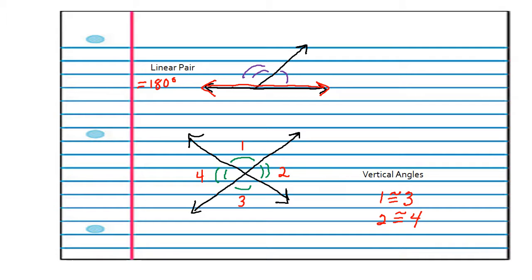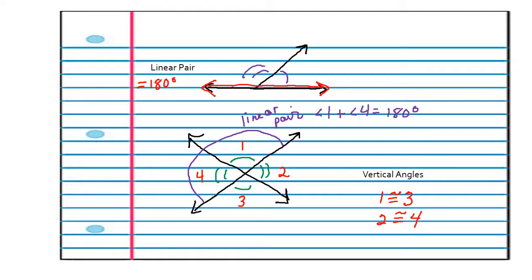Now what's interesting here is that actually we have angles that produce a linear pair, because a linear pair equals 180 degrees and also makes a straight line. So we have several linear pairs here. If we were to add angle 1 with angle 4, it would equal 180 degrees because it's a linear pair.